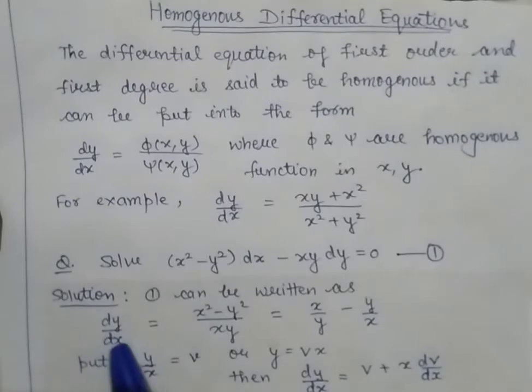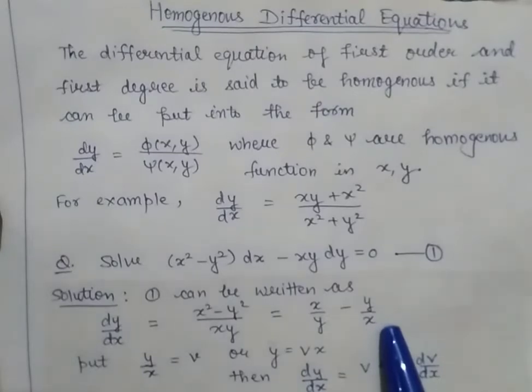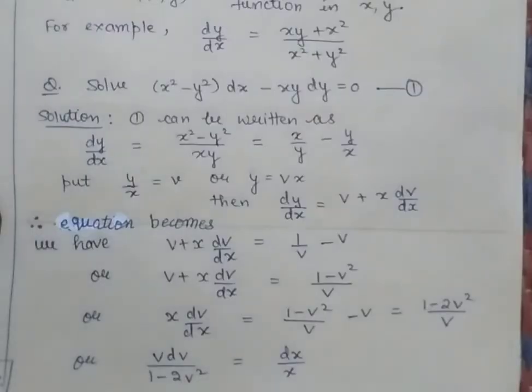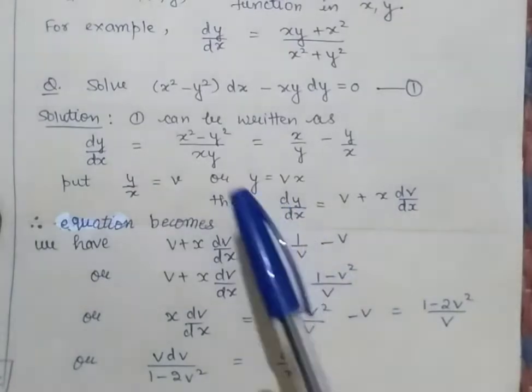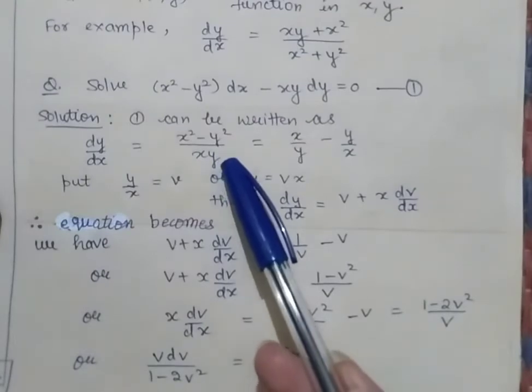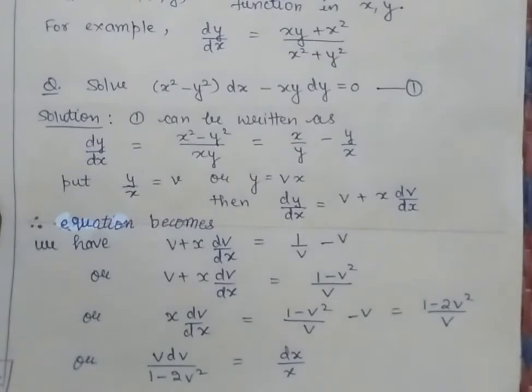So, dy by dx equal to x square minus y square divided by xy, which is equal to x by y minus y by x. Now, also this equation is a homogeneous differential equation because power in numerator is 2 and power in denominator is 2, 1 power of x and 1 power of y. So this is homogeneous differential equation.